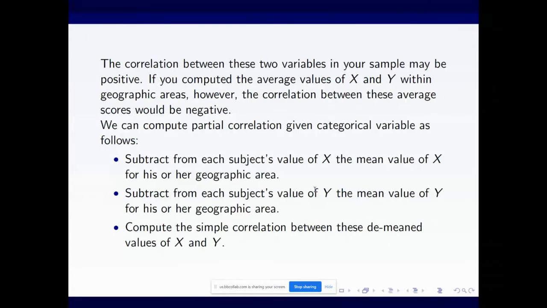The extension of this is that we can use the dummy variable approach in the regression. We will discuss the dummy variable later in this semester. But here, for the partial correlation, if your third variable is non-numeric and you want to control its effect, then you can use the correlation between these demeaned values.